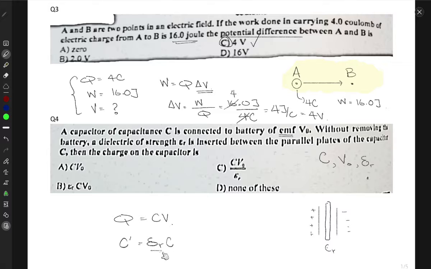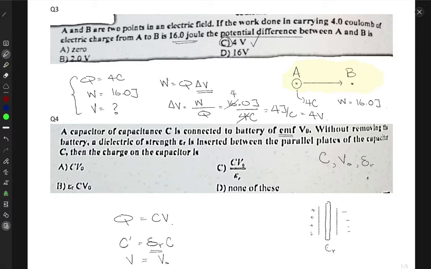So by this amount of the strength of the dielectric, the capacitance is going to either increase or decrease. But we know that the strength of the dielectric material is normally always of the form which causes a decrease in the capacitance, right? All right, so now the EMF of the battery is V naught, right? So the potential, we can write it as V is equal to some value V naught.